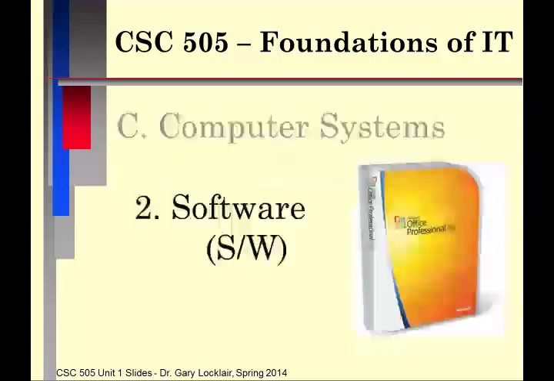Second component of a computer system is software. And yeah, I abbreviate that too, S/W. What else could that stand for? I bet it could stand for a lot of other things, right? Software. If I asked you to define it, I'm sure you could talk about its instructions for the hardware, algorithms, etc., right? But I want us in IT to think as far as a system is concerned.